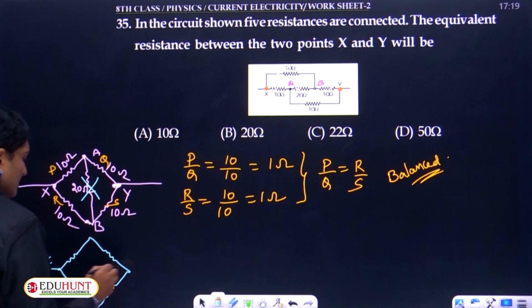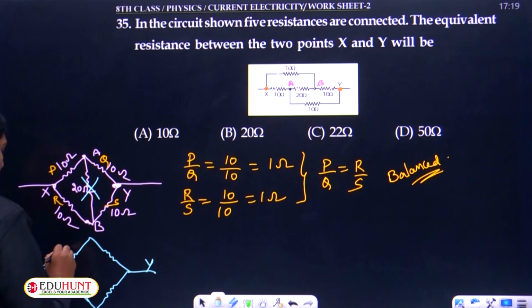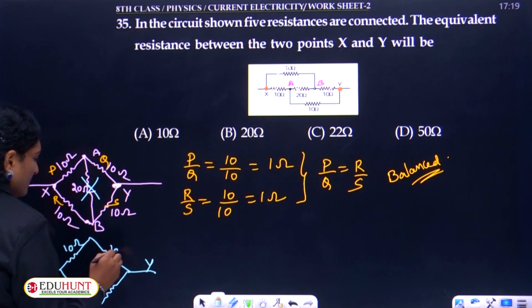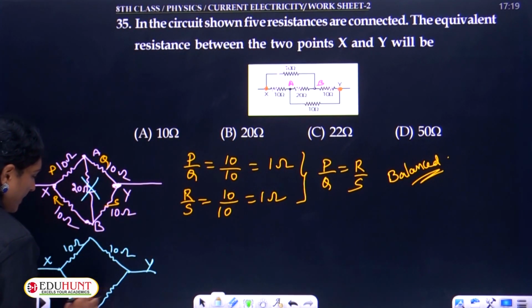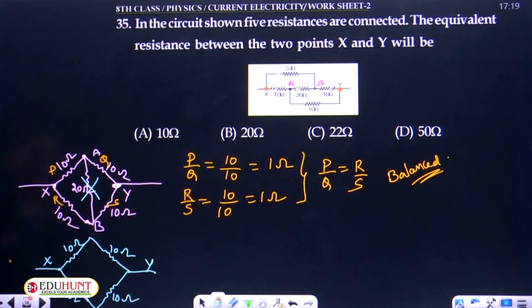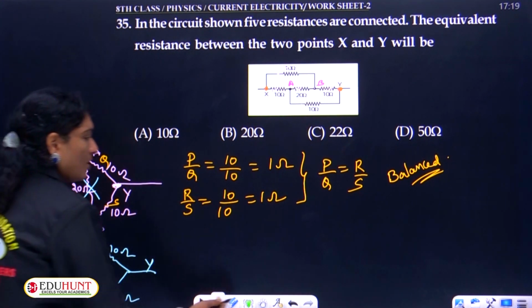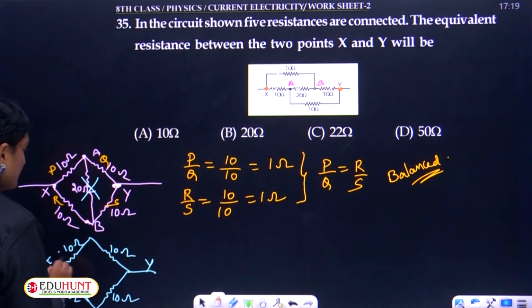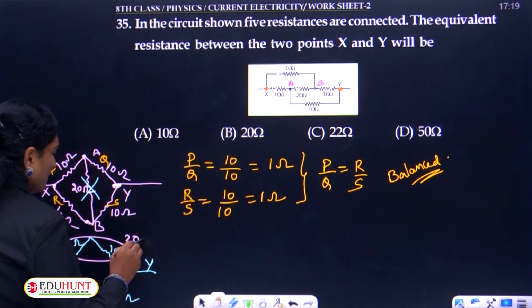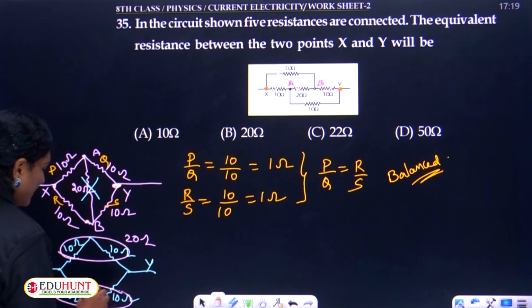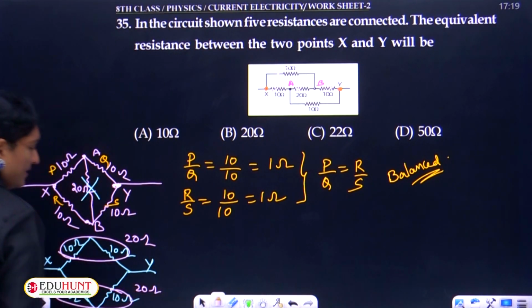This is X and this is Y. 10 ohm, 10 ohm, 10 ohm and 10 ohm. Very clearly you can see this 10 and 10 are connected in series, and hence the resultant would be 20 ohm. Here also 10 and 10 are connected in series, the resultant would be 20 ohm.